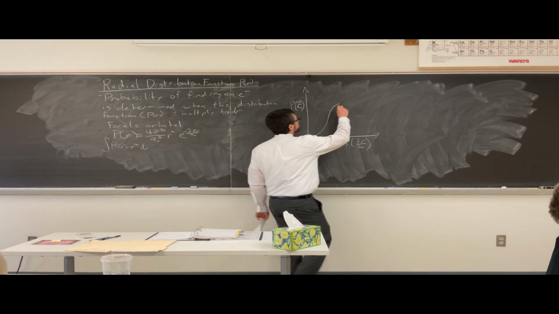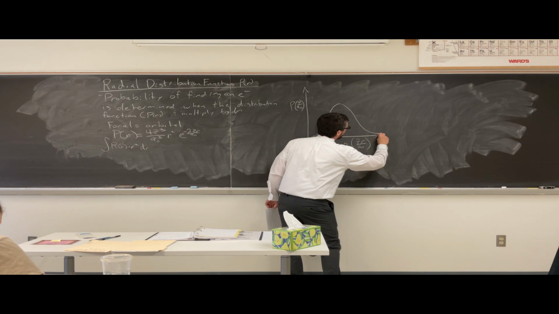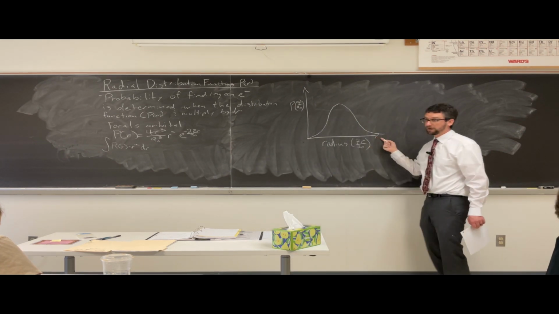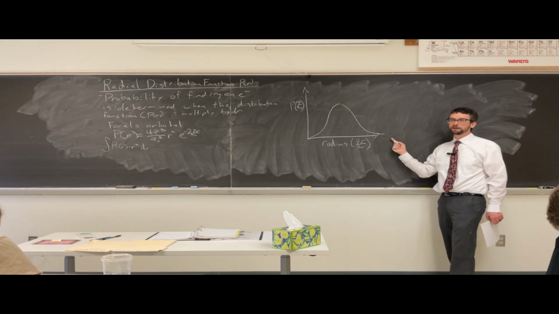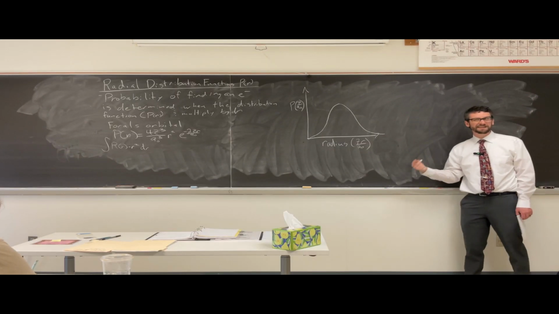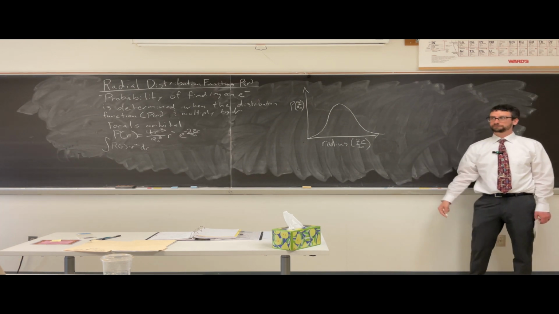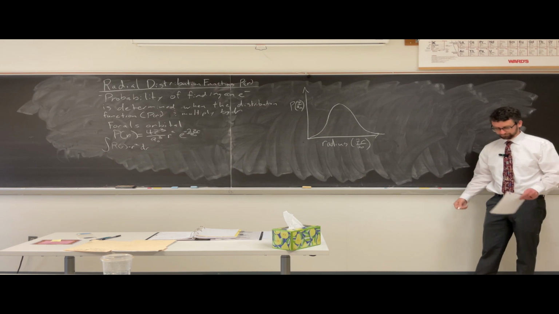It's going to decrease. As we get further and further away, what happens to the probability? It approaches zero. Is it actually technically ever zero? No, but it approaches zero.